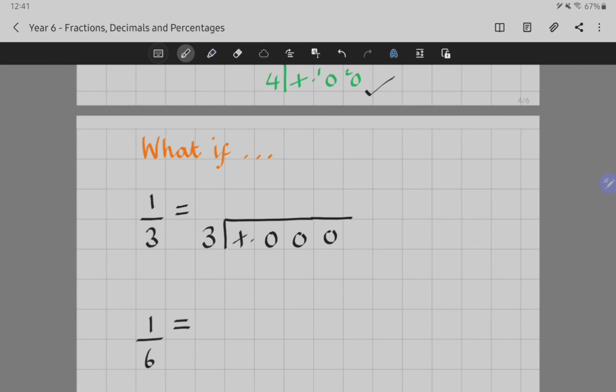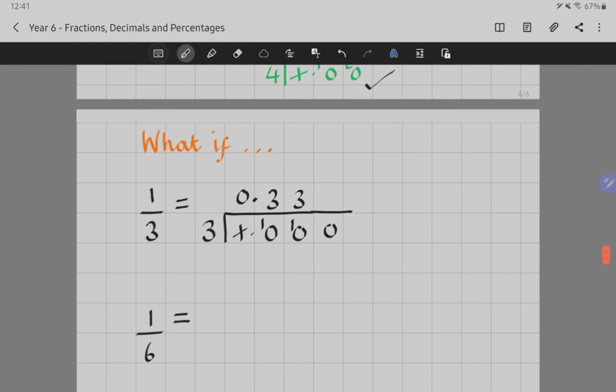3 into 1 doesn't go. Pass it on. 3 into 10 goes 3 times, because 3 times 3 is 9, 1 left over. That's 3, with 1 left over, that's 3. We've got a recurring number. So what do we do? So, a couple of things. So we can go, it's 33.3%, because remember, to turn a decimal into percent, I just times by 100.